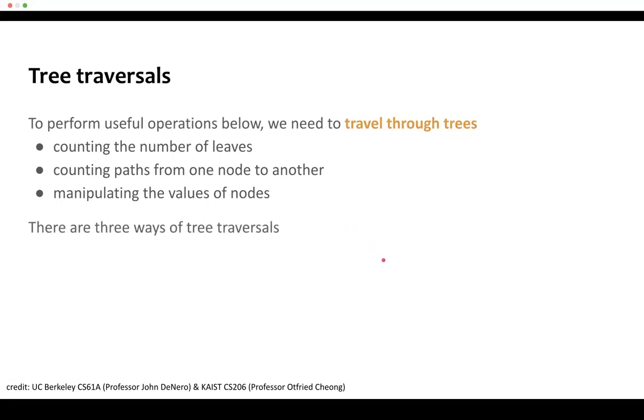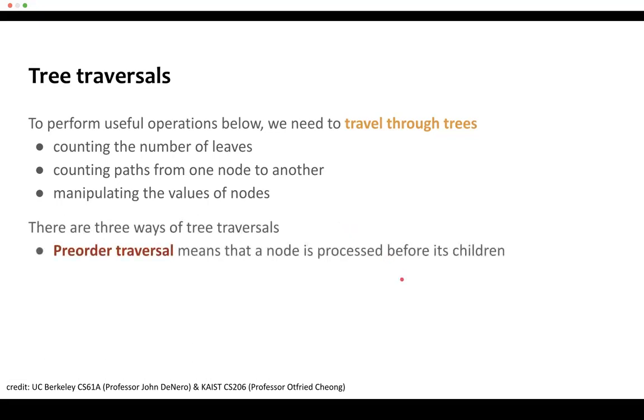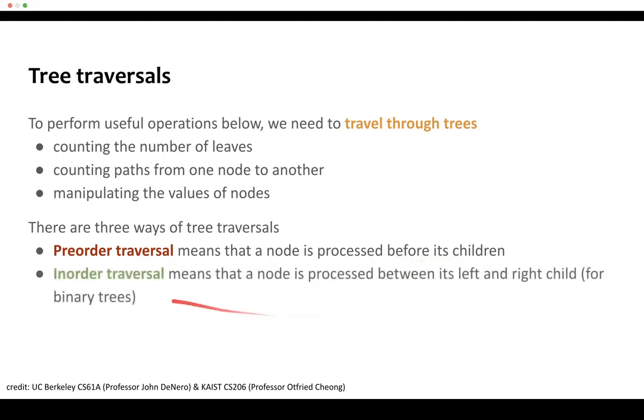When we want to do these kinds of operations, we need to travel through the nodes in a tree and manipulate the values of a node. And there are 3 ways of tree traversals. The first one is called pre-order traversal. And this means that a node is processed before its children. And in-order traversal means that a node is processed between its left and right children for binary trees.